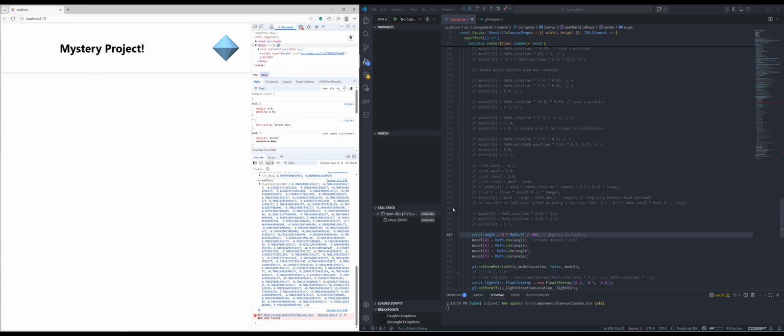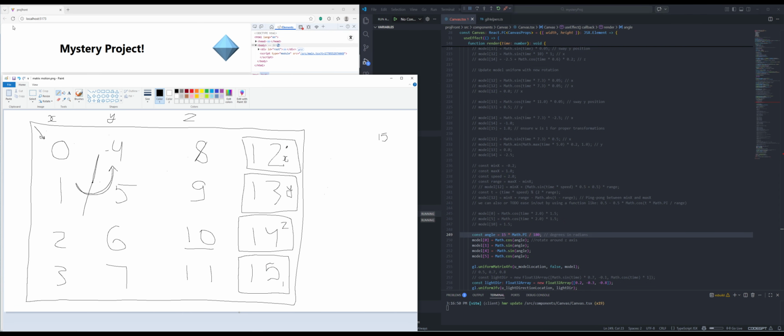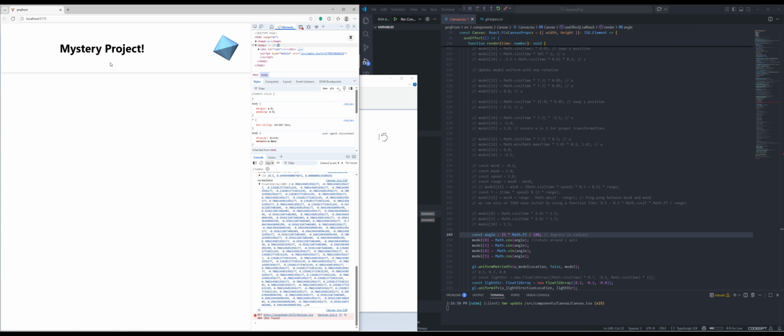So if we rotate further by 15 degrees, it turns counterclockwise. It did turn counterclockwise.